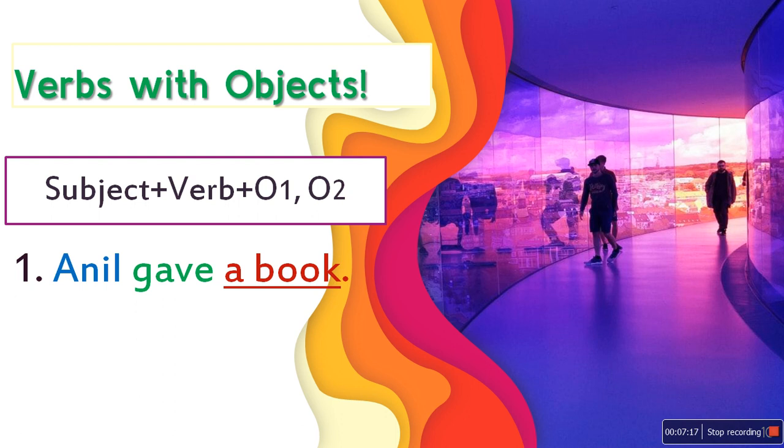Now tell me all of you, is this verb transitive or intransitive? It's transitive because the verb give has an object, a book. Anil gave. What he gave? A book. A book is the object of the verb. So this verb is called what? Transitive verb. See, a book is a direct object. So gave is a transitive verb.